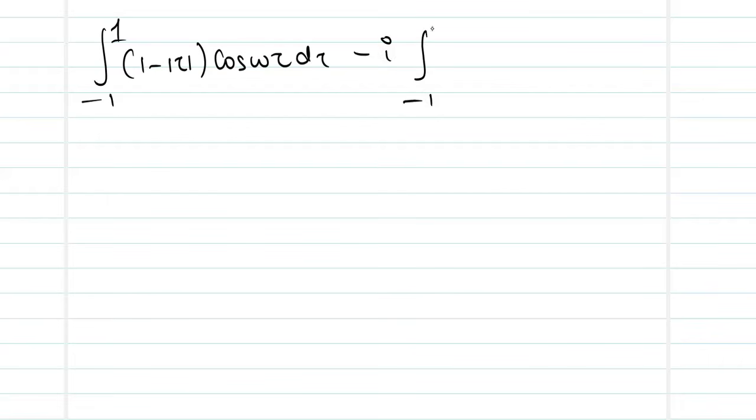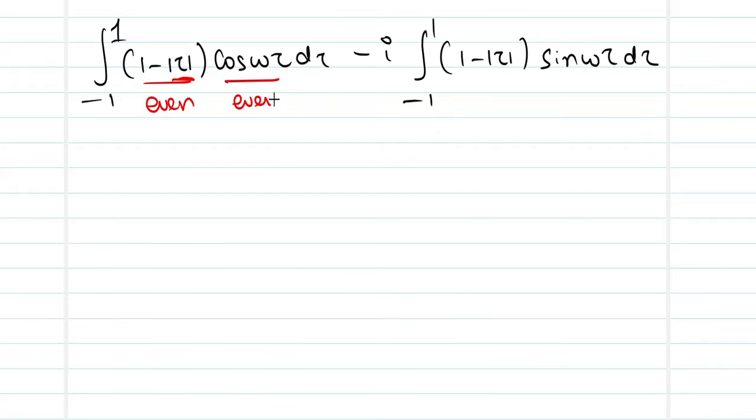Okay, so now what we have here is the integral from minus 1 to 1 of 1 minus modulus of tau times cos omega tau d tau, minus i times the integral from minus 1 to 1 of 1 minus modulus of tau times sine omega tau d tau. The modulus is an even function and cos is an even function.